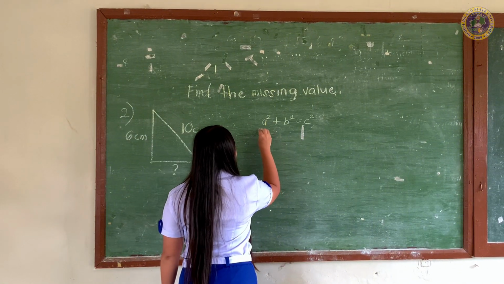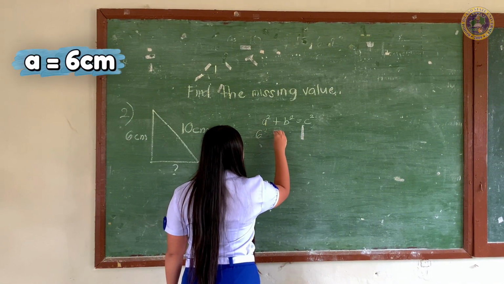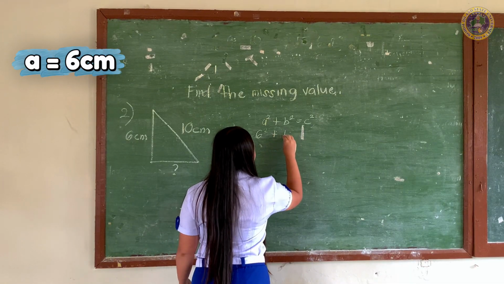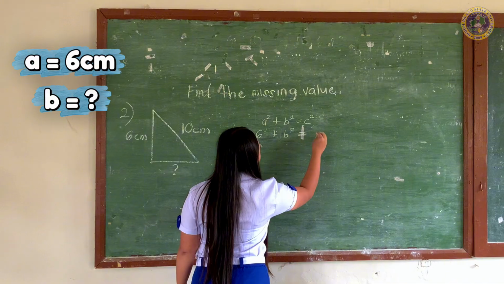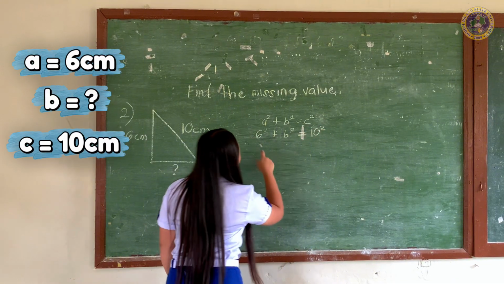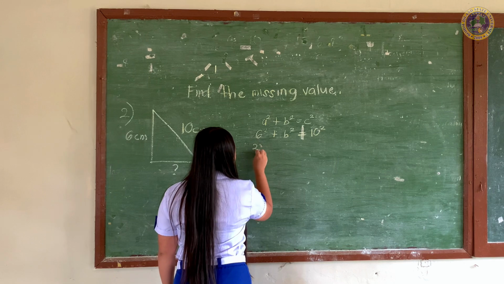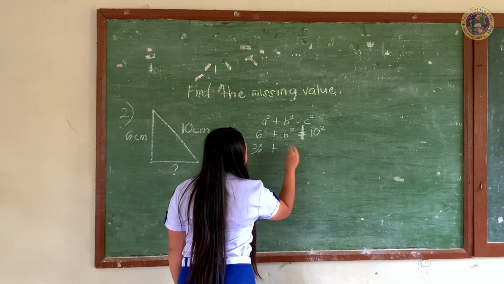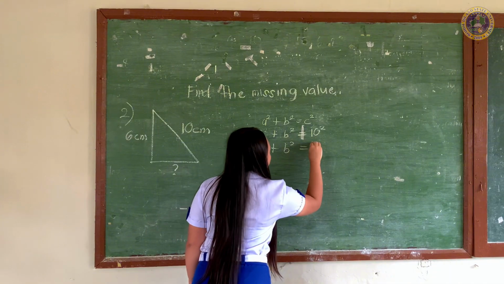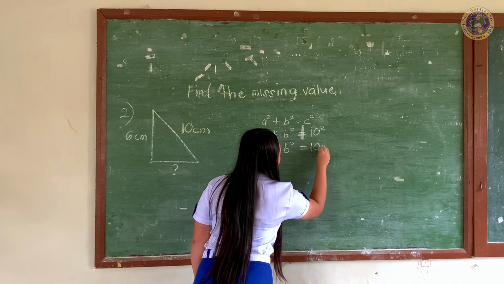So a is 6 squared plus the b is our missing side, squared, is equal to our c, which is 10 squared. So 6 squared is 36 plus b squared, and 10 squared is 100.